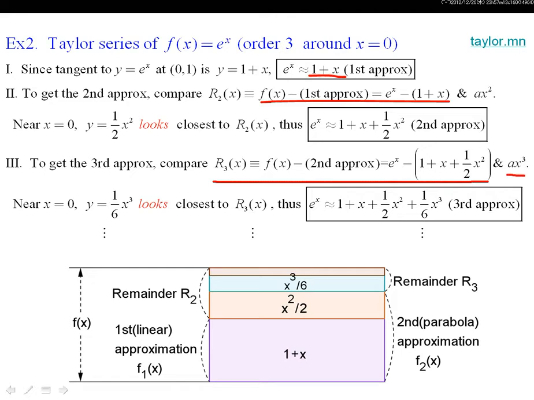By our eyes, y equals 1/6 x cubed looks closest to R3(x), so exponential x is nearly equal to 1 plus x plus a half x squared plus 1/6 x cubed, and this is the third approximation of exponential x.